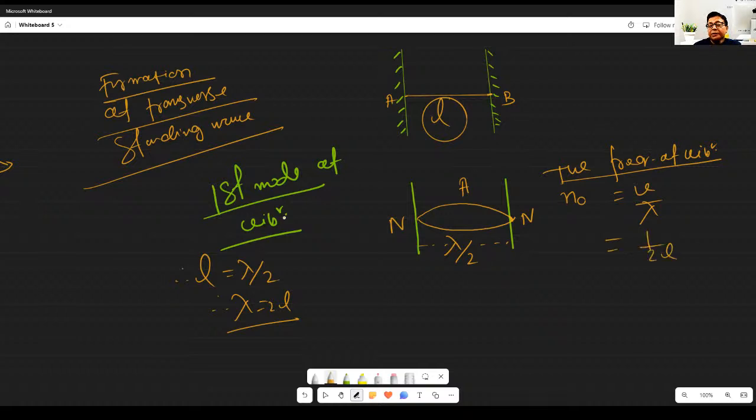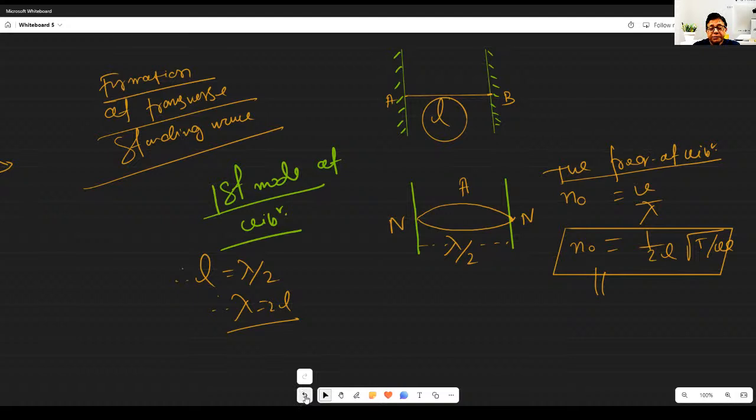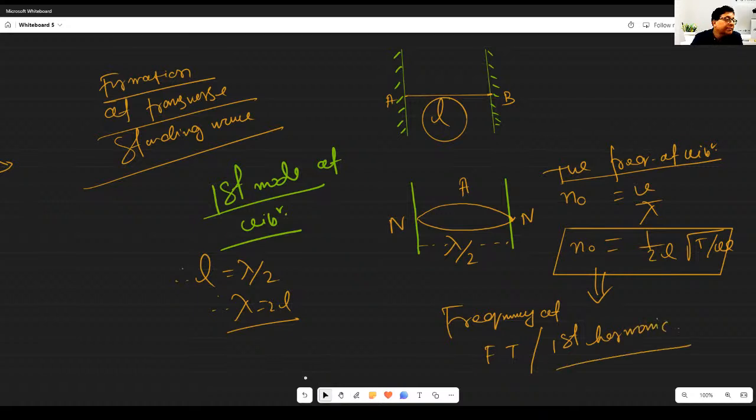V we have seen before, last class we solved sums. So N0 is 1 by 2L root T by mu. This is called frequency of fundamental tone or first harmonic. Okay?